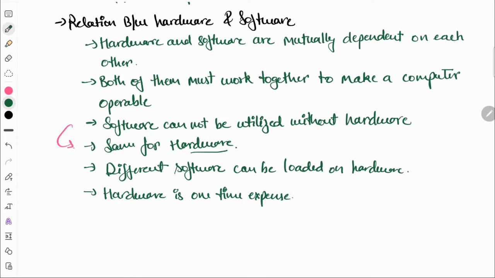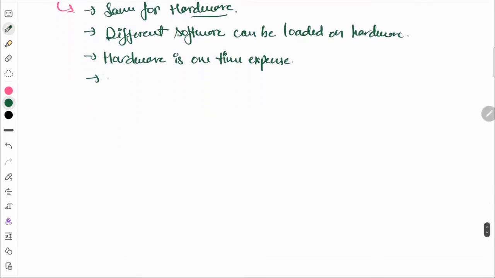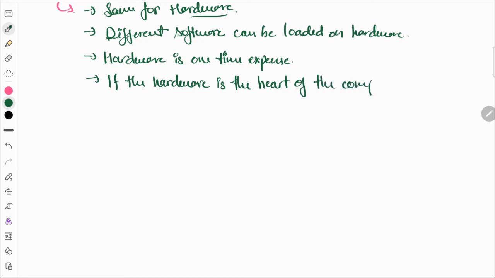If the hardware is the heart of the computer, then software is the soul of the computer.